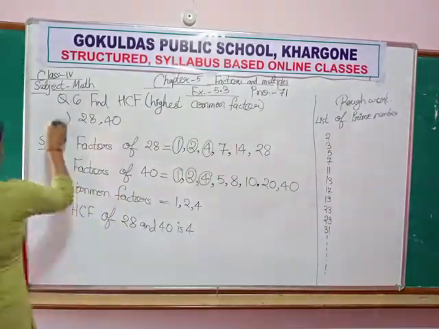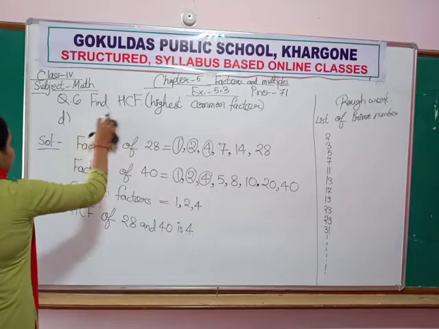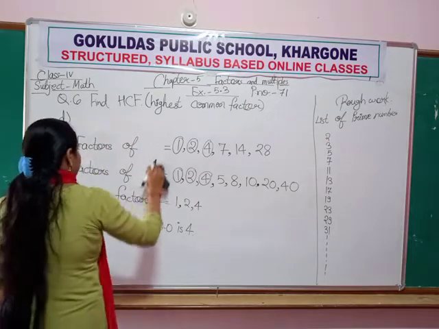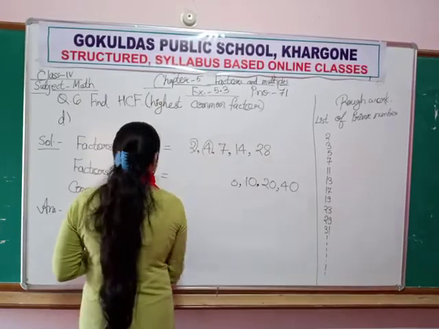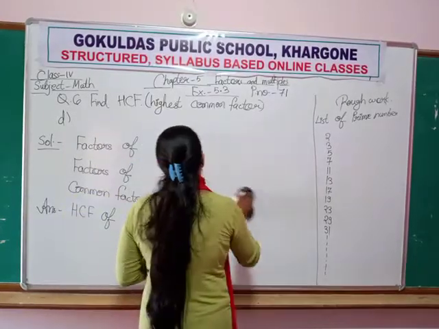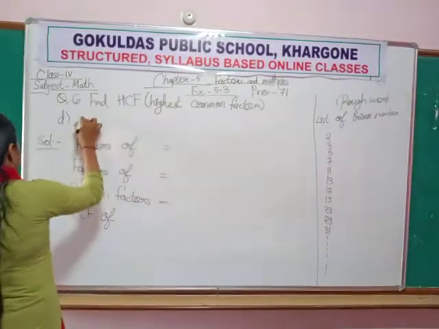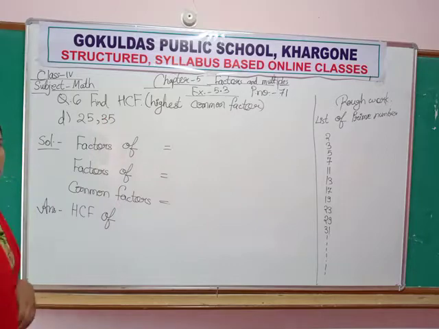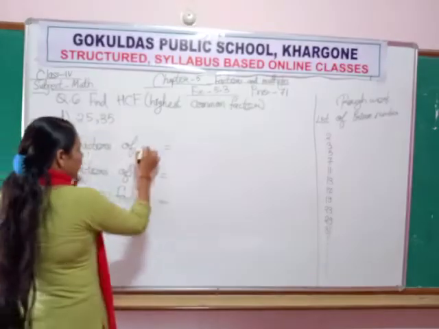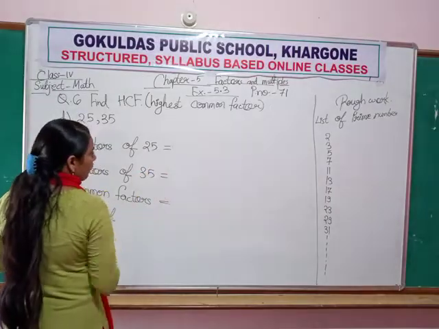Now let us do D. In D, the given numbers are 25 and 35. We will write the factors for number 25 and the factors for number 35.